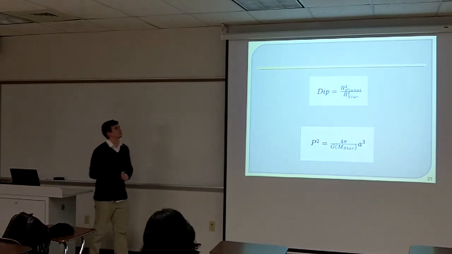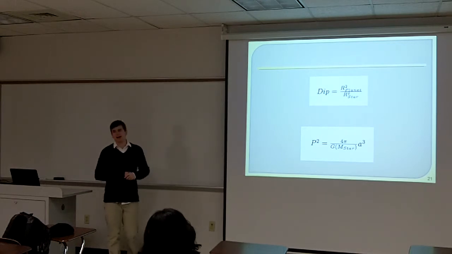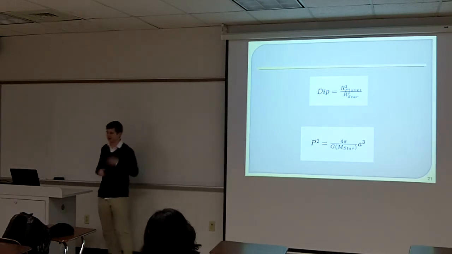So from the dip, we can determine the radius of the planet, and we can, using the period, get at the semi-major axis of the star and planet.